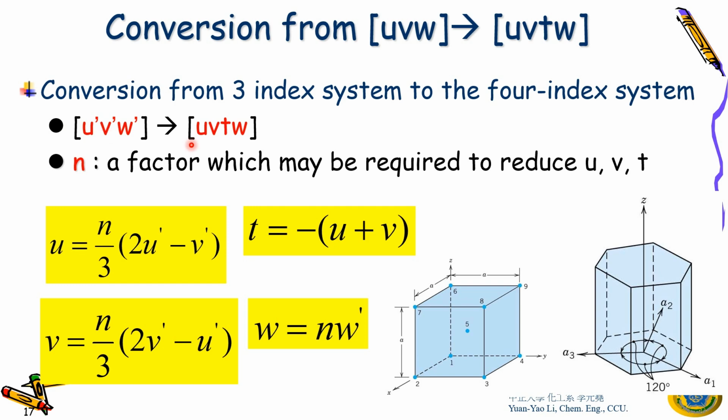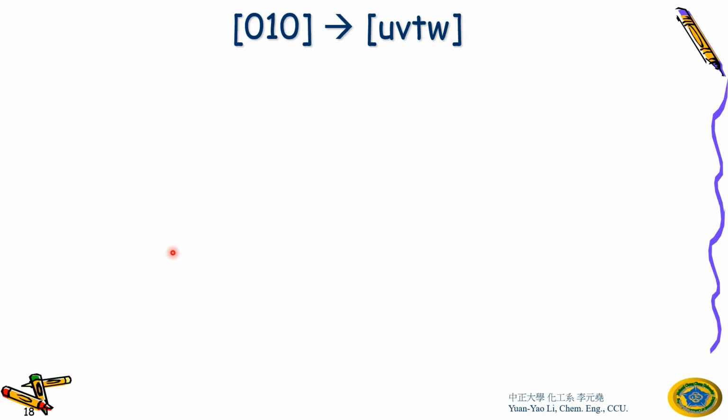You have three numbers here, and you can make it four numbers. Actually, this is not so important. In the future, if you need this, you just check Google, or find my lecture note. So you don't need to remember all these equations. I just want to tell you that you can convert the three-axis vector to a four-axis vector. So don't worry about it.